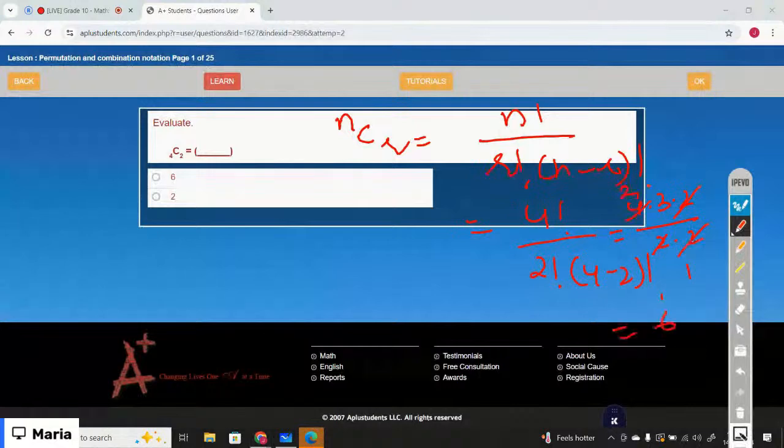So that means the correct option is 6. 4C2 equals 6, option number 1 is the correct option, right?